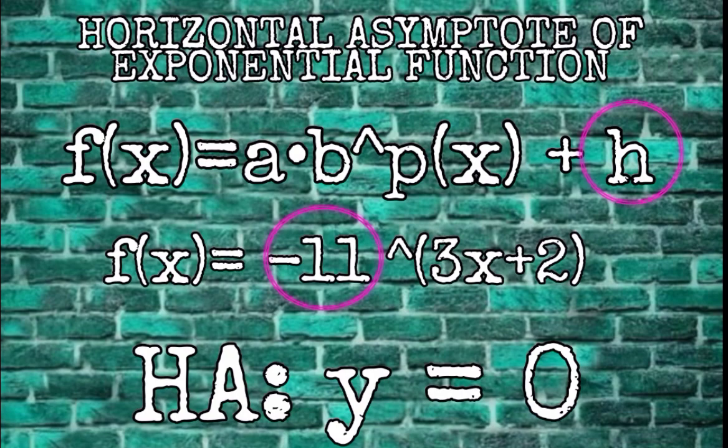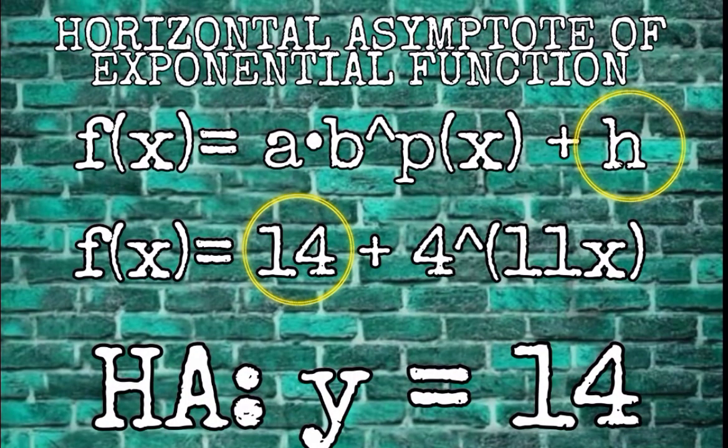You can see that I encircled negative 11 and h in our equation. But in negative 11, we can see that it has a power. So, therefore, our horizontal asymptote is y equals 0, because in our second equation, we don't have an h, or horizontal asymptote.